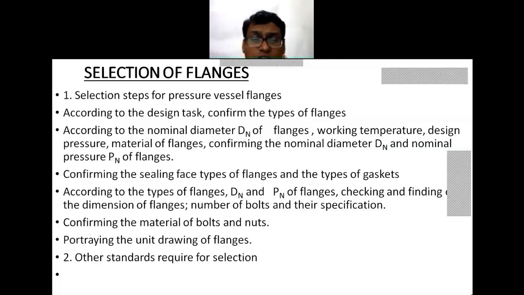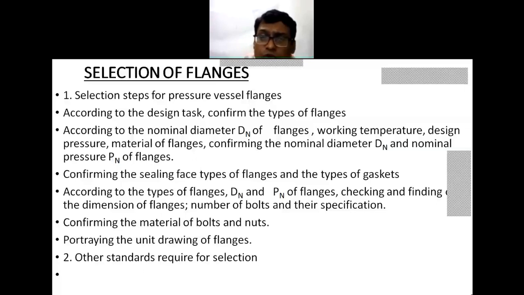Then confirming the sealing face types of the flanges and the types of gasket. Then according to the type of flange, whether it is the nominal diameter or the nominal pressure of the flanges, checking and finding the dimensions of the flanges. Then confirming the materials of the bolts and nuts, which material the bolt and nut should be.